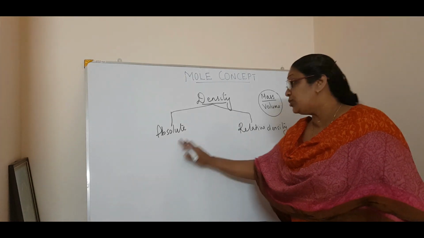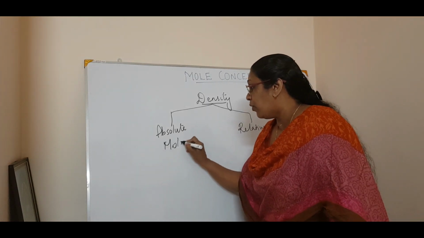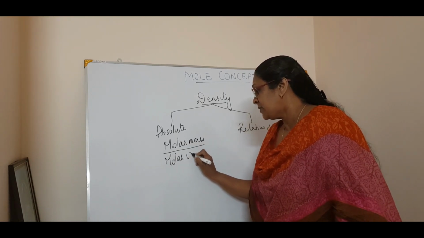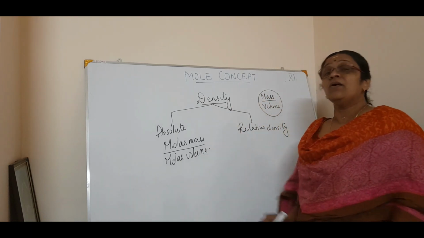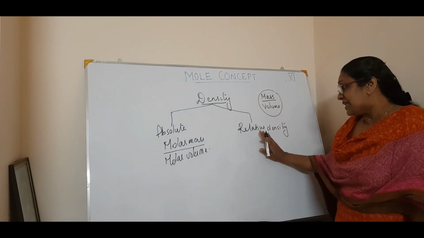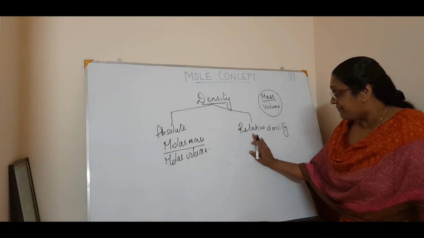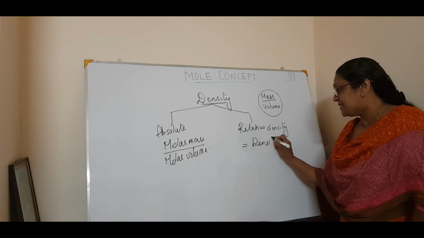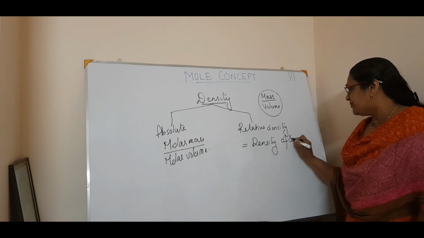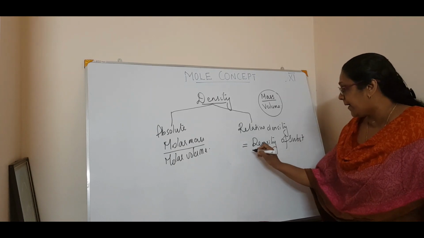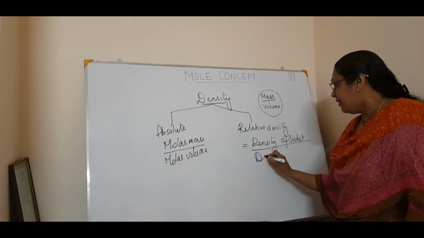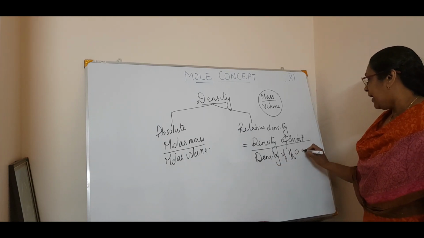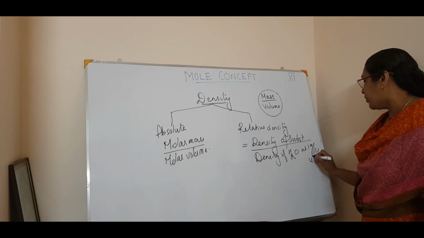Now what is absolute density? Mass by volume, or you can write molar mass by molar volume. Correct? Now what is relative density? It is the density of a substance, which you have also studied in physics in Archimedes principle, divided by the density of water, at 1 gram per cc or 4 degrees Celsius.